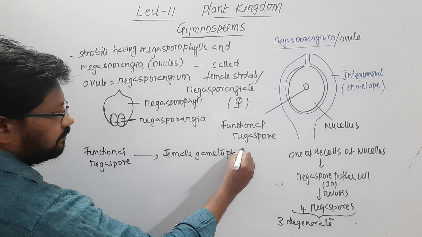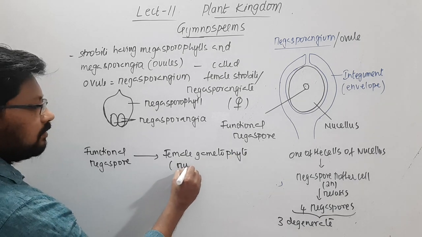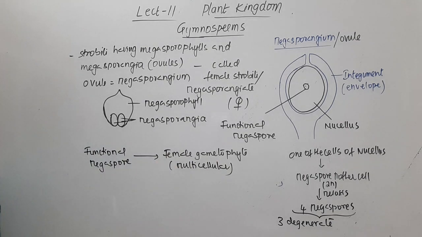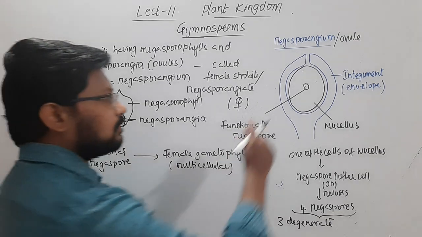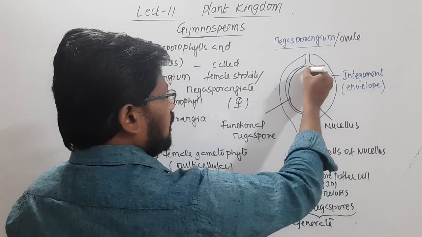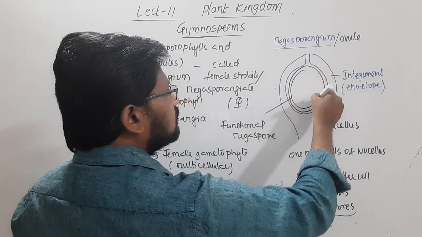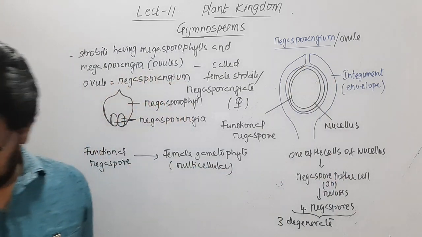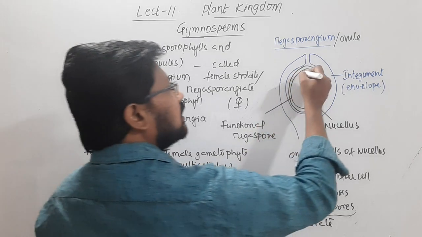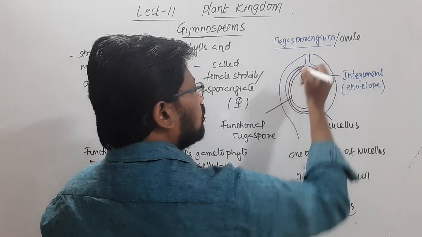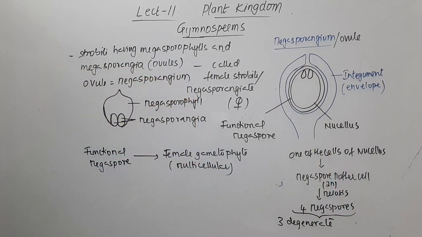The female gametophyte is multicellular. This female gametophyte will have one or more archegonia.